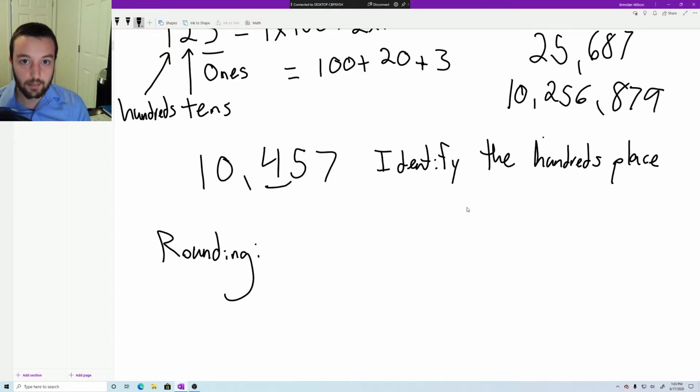Now I actually care about all that. Maybe we still don't care about the cents afterwards, right? So when we talk about rounding, we mean what number is this number close to, okay? And exactly how close depends on the context.